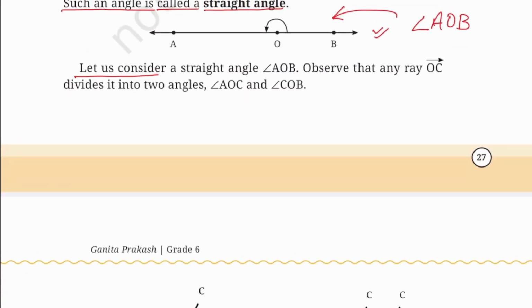Let us consider a straight angle, angle AOB. Observe that any ray OC divides it into two angles, that is angle AOC and angle COB.